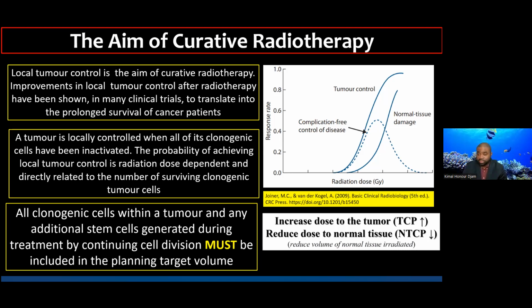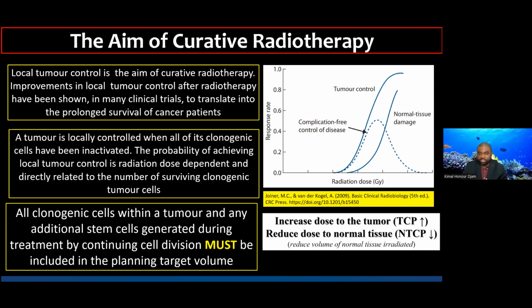Now, the probability of achieving local control is proportional to the radiation dose delivered. In other words, it is totally dependent on the amount of dose delivered.